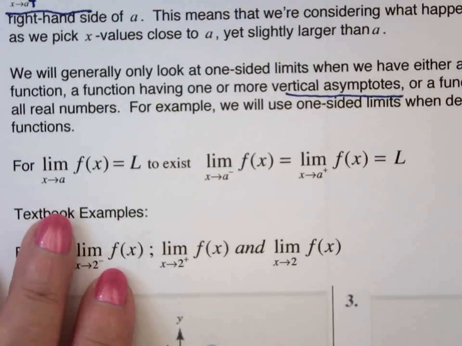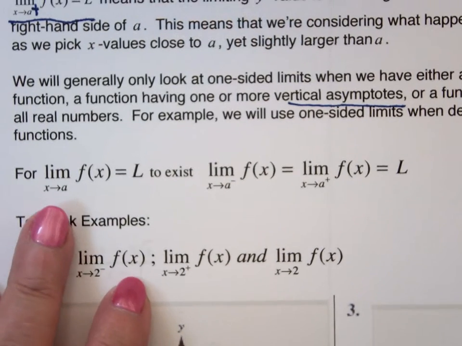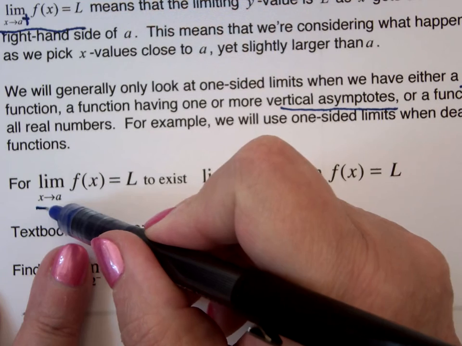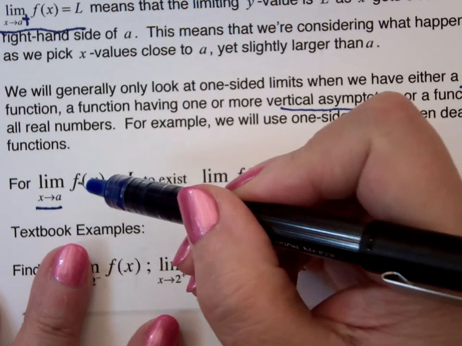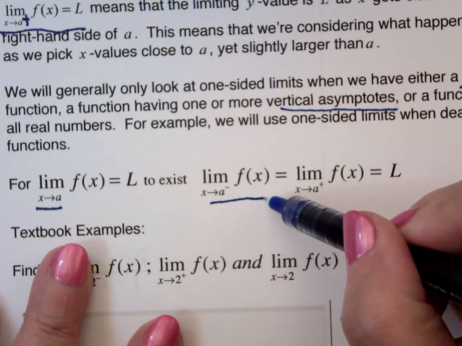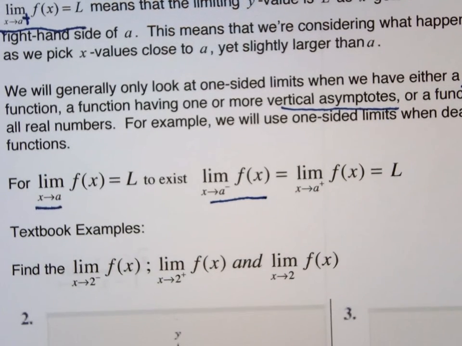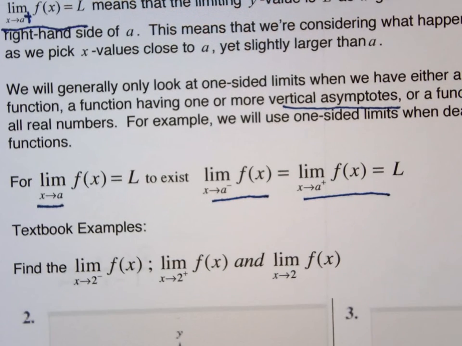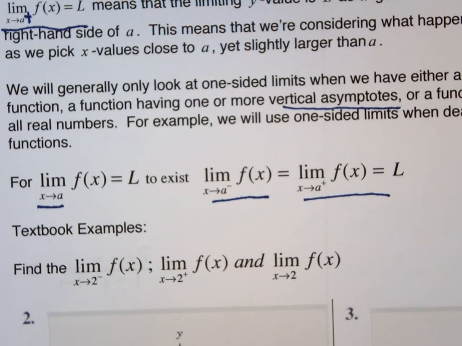Now, for the limit, and this is what's important, and that's both Howard and Harriet together, and this should make sense. For the limit as x approaches a to be equal to L, then the limit as x approaches a from the left, Howard, and the limit as x approaches a from the right, Harriet, have to be the same. In other words, Howard and Harriet have to meet. If they don't meet, then you don't have a limit.